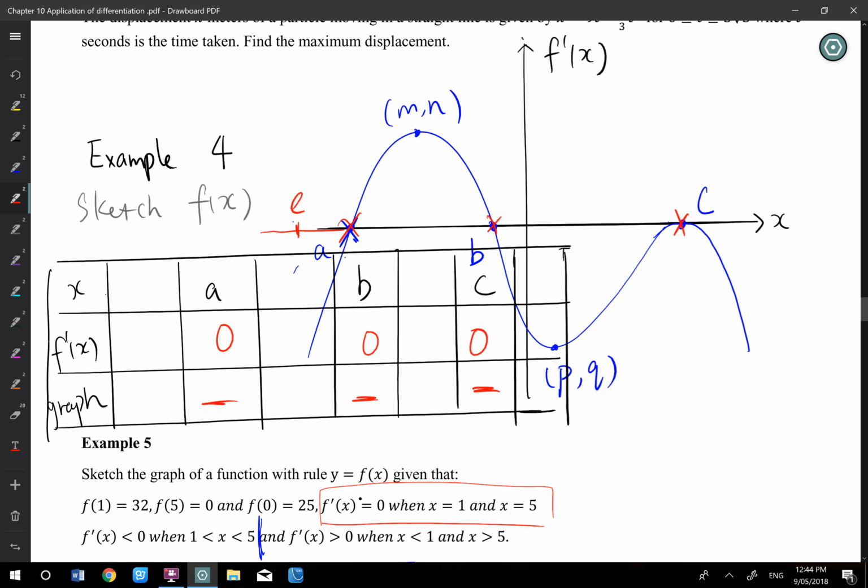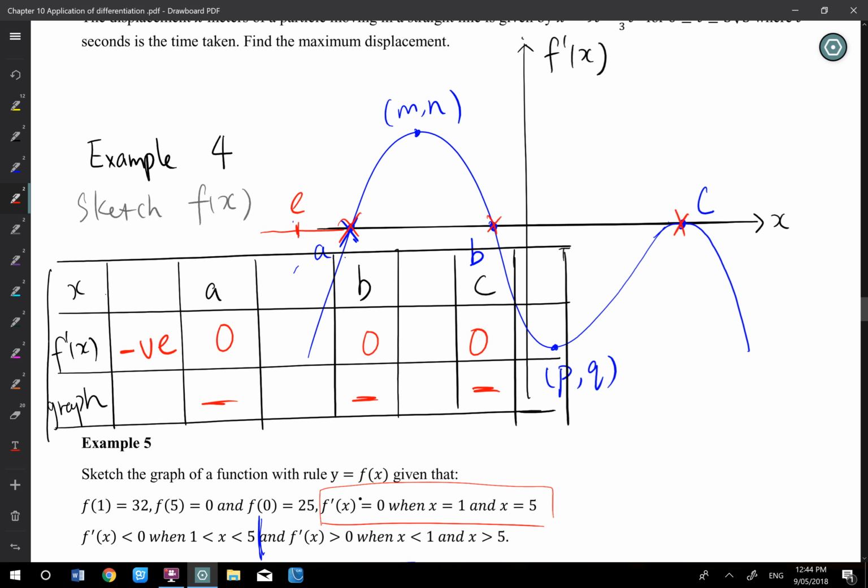Negative or positive, everyone? Where's your x-axis? Here's your x-axis. When x equals E, f dash E is positive or negative? Negative. Good, I want to hear that. You're not looking at the shape of the graph. You look at whether it's above the x-axis or below the x-axis.